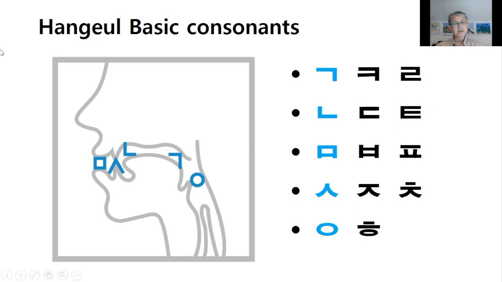So as you can see in this picture, this letter is made by the lips, and this Korean alphabet is made by the teeth. And this one is made according to the shape of the tongue. And this one is made by the throat. Okay?